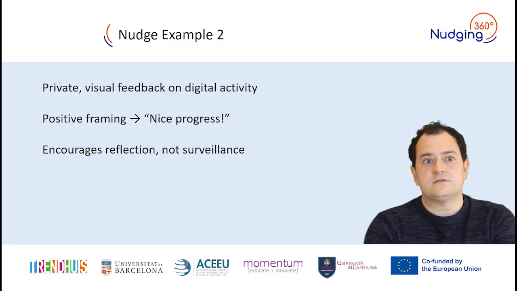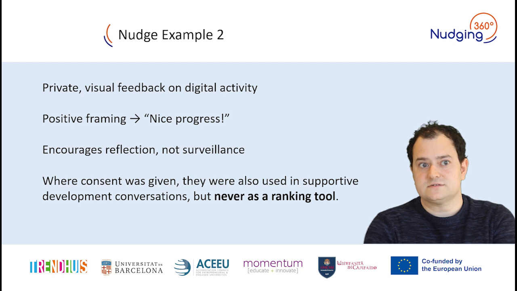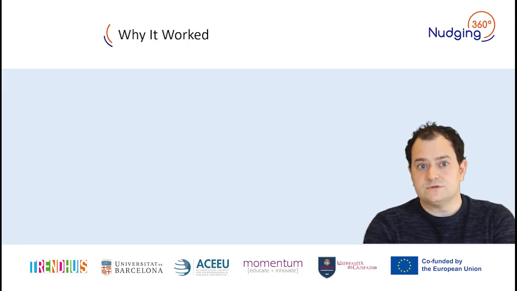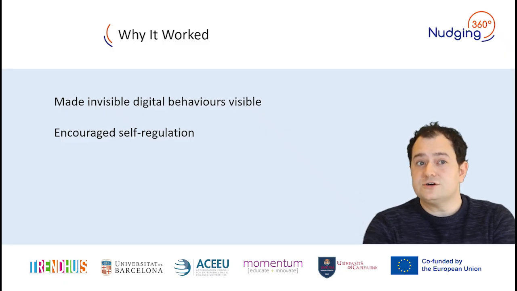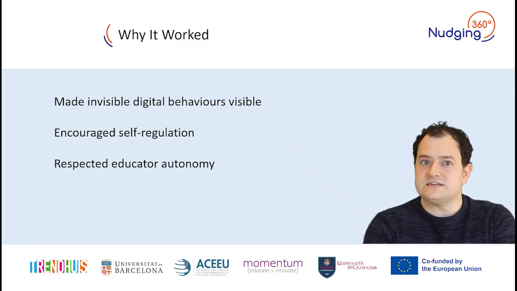The other thing is that they were intended to prompt self-regulation, not surveillance. Where consent was given, they were also used in a supported development conversation, never as a ranking tool. And it worked because it made invisible digital behaviors visible and trackable. It encouraged personal reflection, and it respected educational autonomy.